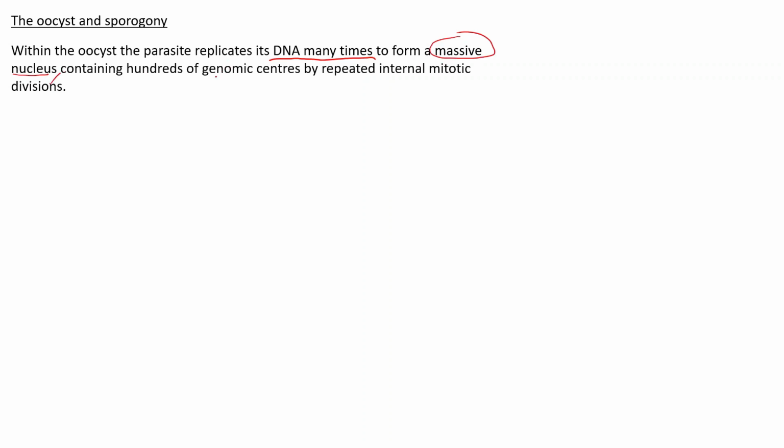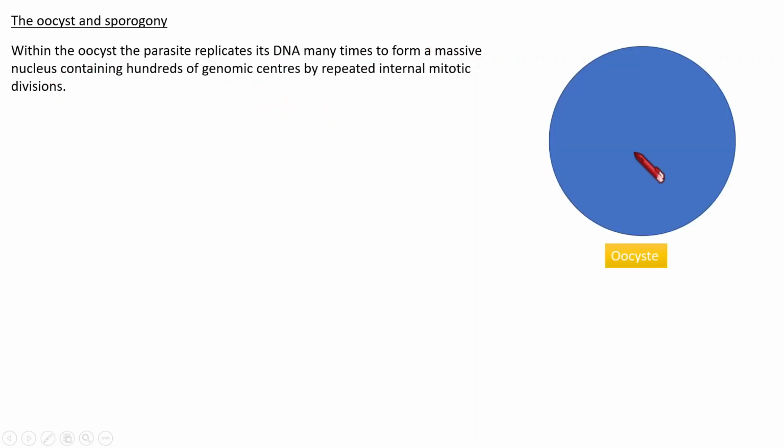As a result of so many rounds of DNA replication, so many genomic centers, meaning so many copies of its entire genetic content, will form inside that oocyst. So we can see, this is the oocyst, and DNA replicates many times and forms a massive nucleus. Massive nucleus means it contains so many centers, so many copies of its genome, because of this internal mitotic division.